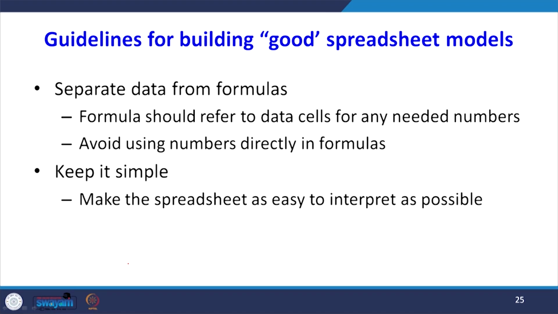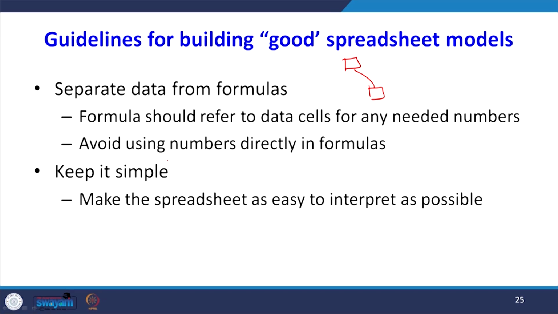Then separate data from formulas. Formulas should refer to data cells for any needed numbers. Every time, suppose you have entered data and you have entered a formula, this formula should refer to the data cell. Avoid using numbers directly in formulas.